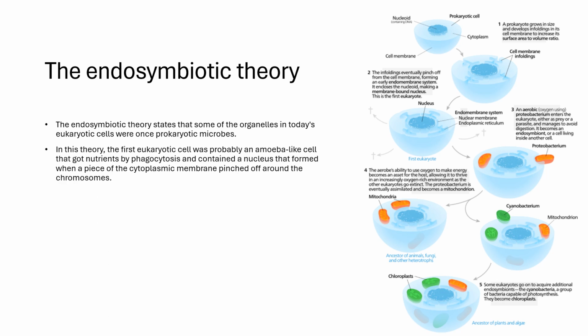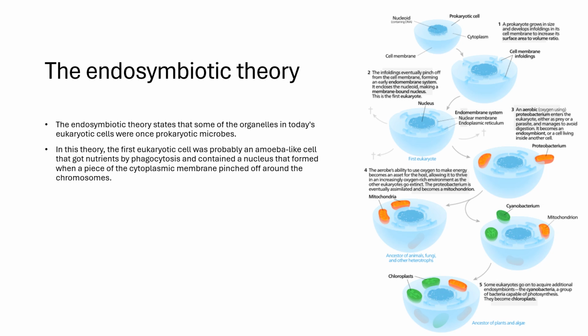In this theory, the first eukaryotic cell was probably an amoeba-like cell that got nutrients by phagocytosis and contained a nucleus that formed when a piece of the cytoplasmic membrane pinched off around the chromosomes. So another property of the eukaryotic cell is that it has a nucleus with a distinct nuclear membrane.